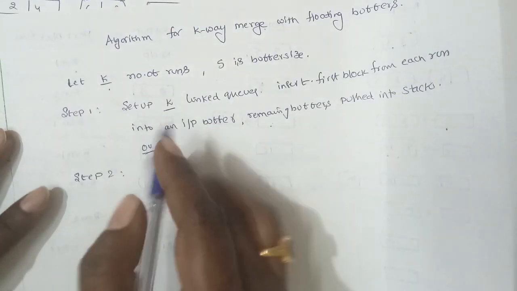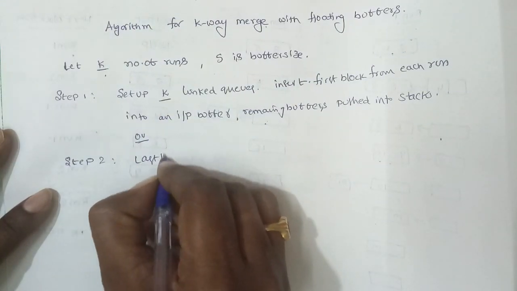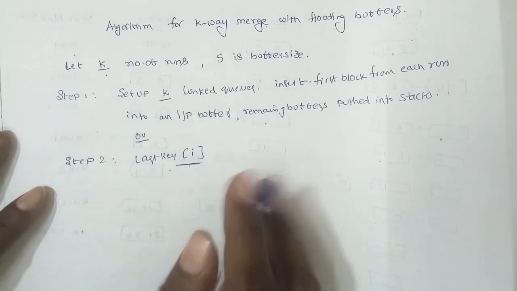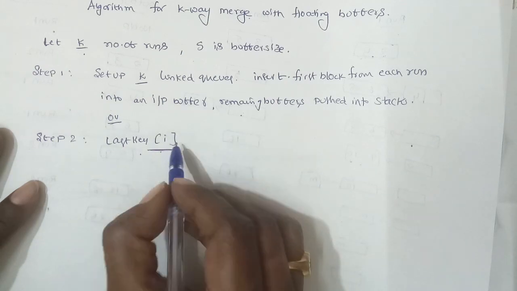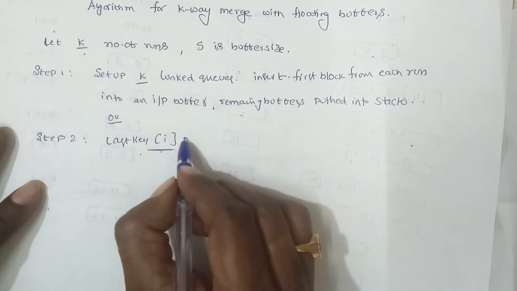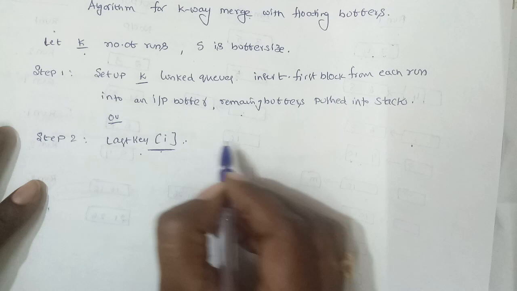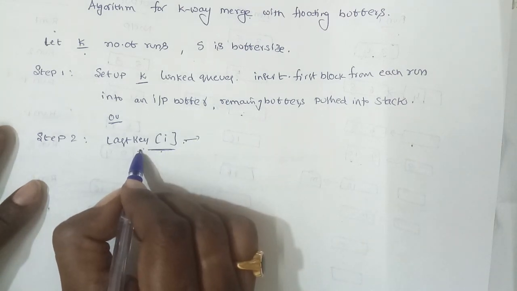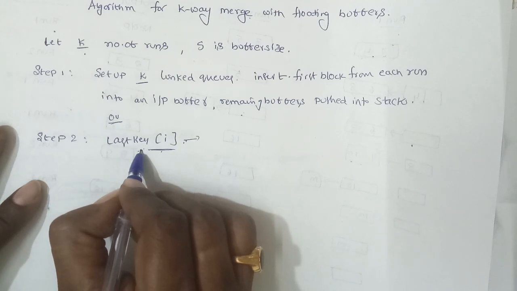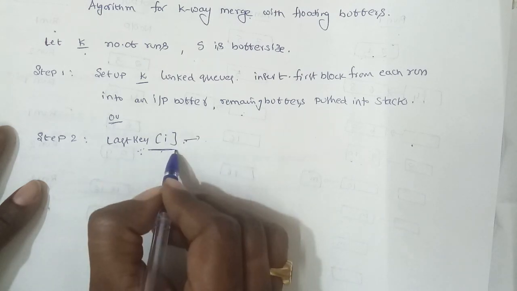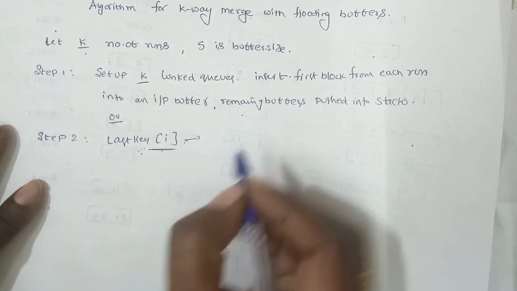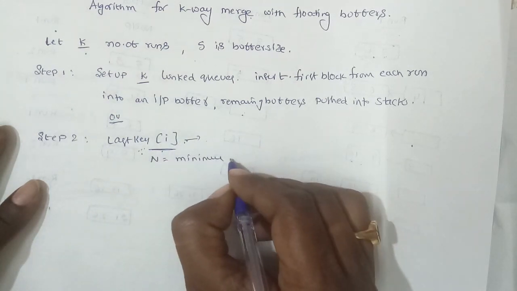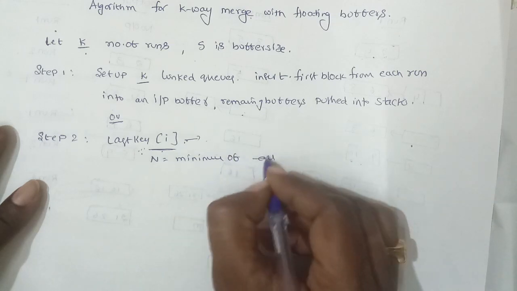So after reading, what is the next one? Last key of I. You know the meaning of last key of I: it is the key value that was most recently placed into the input buffer from run I. And n is equal to the minimum of all the last keys.